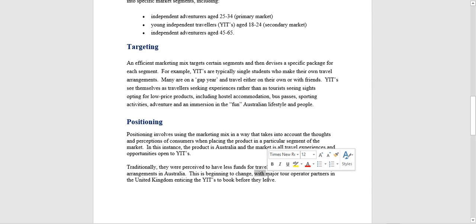So they are positioning in such a way so that whenever the young independent travelers visit Australia as tourists, they will book before they leave their place. So this is how the positioning is going to work in this case. This is about the positioning that ATC has done for the UK visitors.